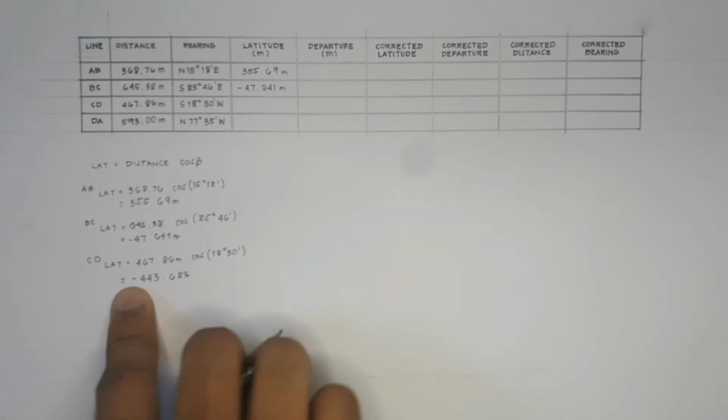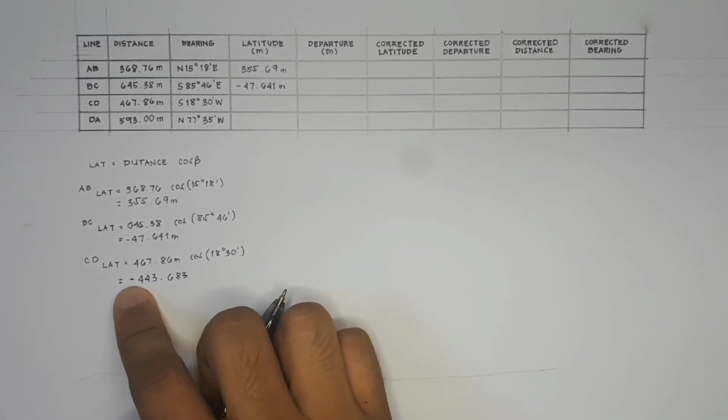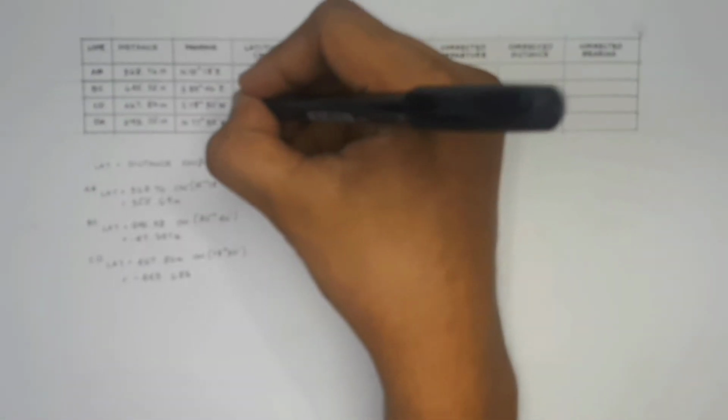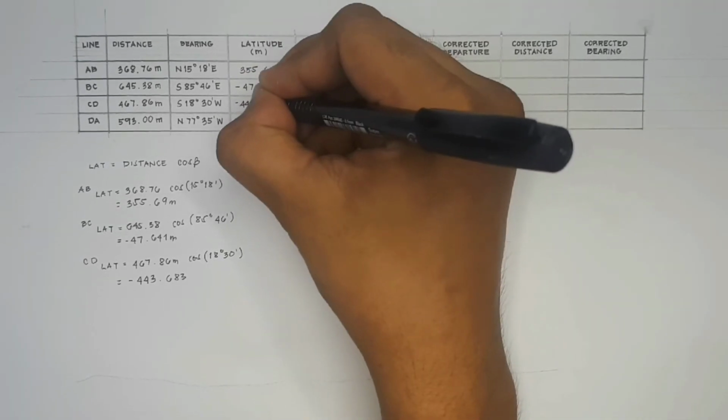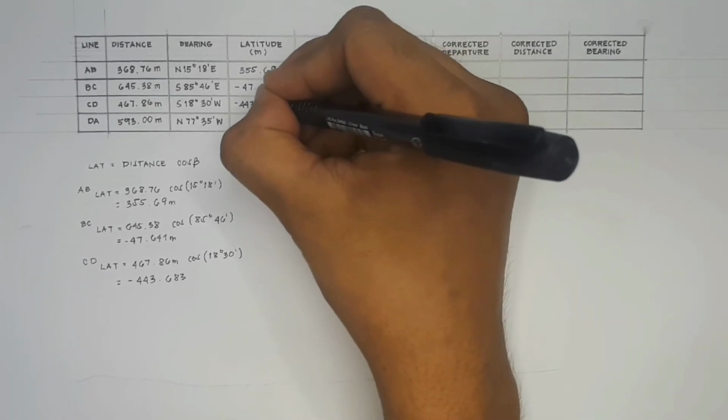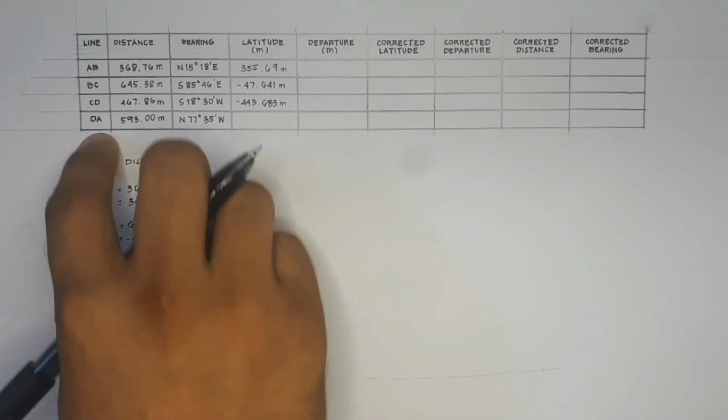We have negative here because the direction of our line is from the south. So we have here negative 443.683 meters.